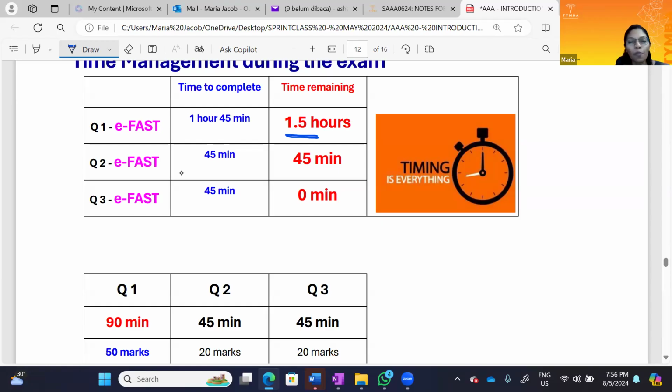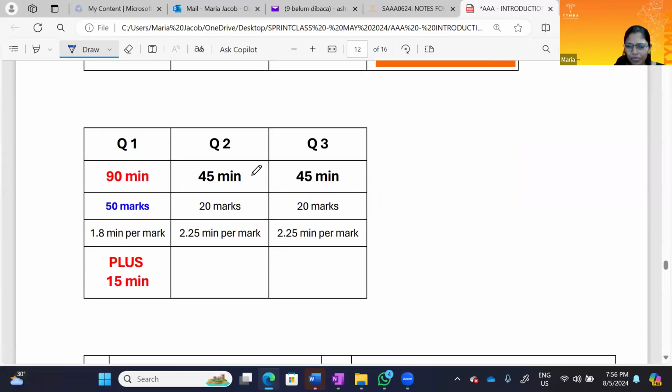Compared to the student who attempted question one, two, three, probably they have done about 80% or maybe 85% of the paper. The chances to pass is higher. So make sure you don't focus on one or two questions only. Please spread out your time. Make sure you attempt all the questions. Please manage the time well.